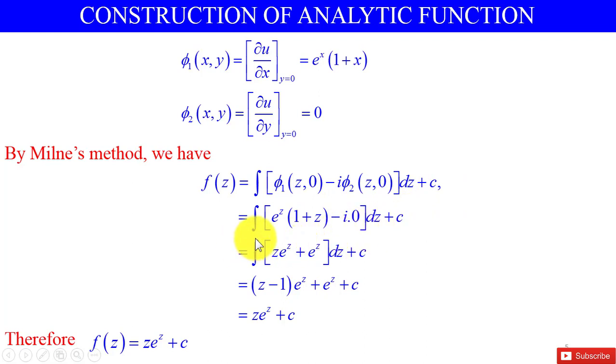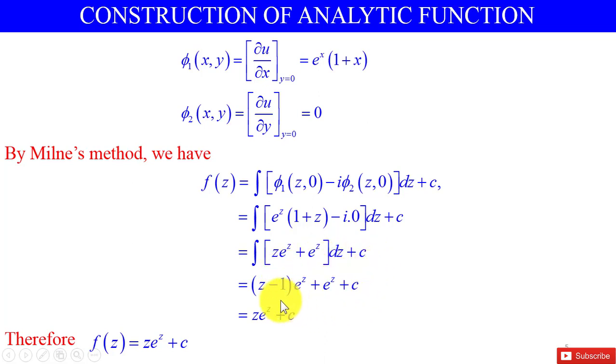Which is equal to integration of e raised to the power z into 1 plus z minus i times 0 dz plus c. As phi 1 x y is e raised to the power x into 1 plus x, so phi 1 z0 is equal to e raised to the power z into 1 plus z, and this is equal to integration of z e raised to the power z plus e raised to the power z into dz plus c.